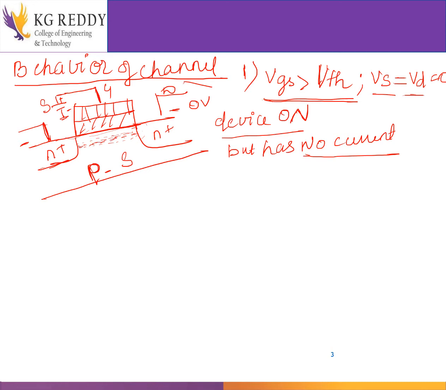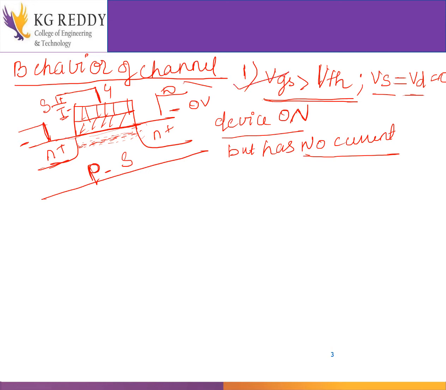So now we should know what the current density or electron density is. It is very clear that the device is on, but the density of electrons is the same. That means the charge is the same along the channel.